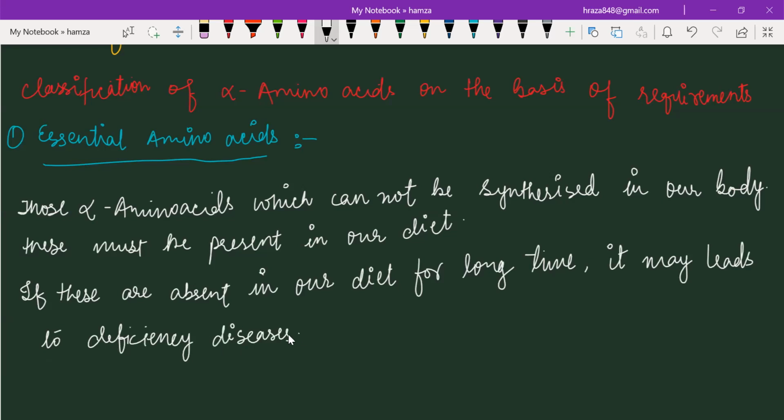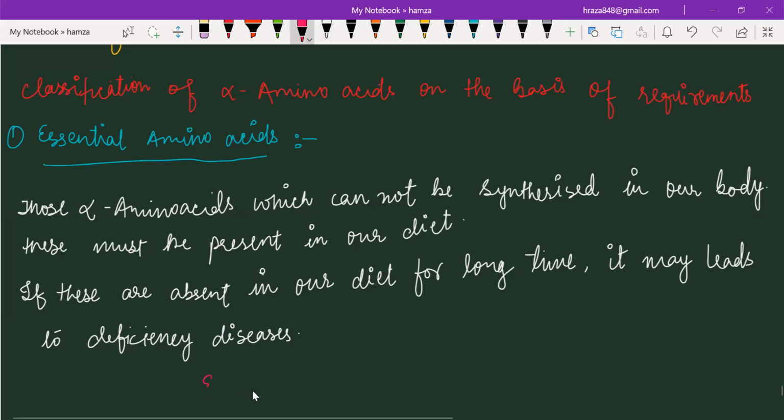So basically, essential amino acids are those which cannot be synthesized in our body. So we must take it from outside, in our diet. If we do not take it for a long time, there will be a deficiency disease.